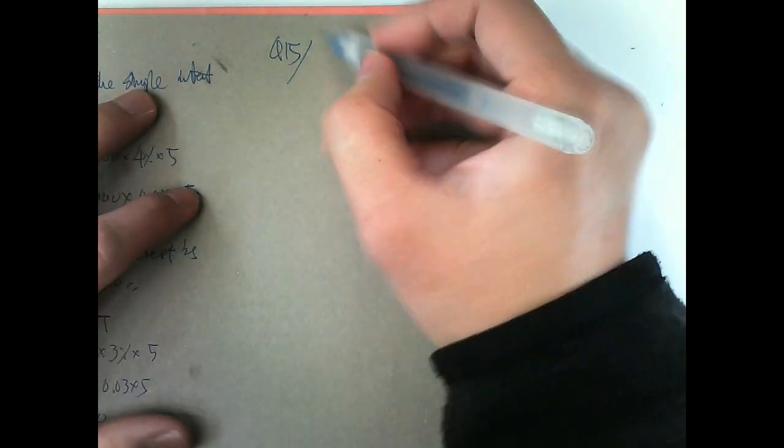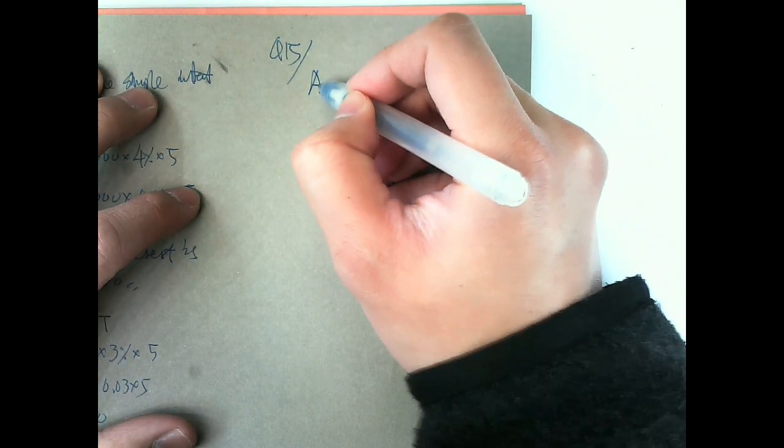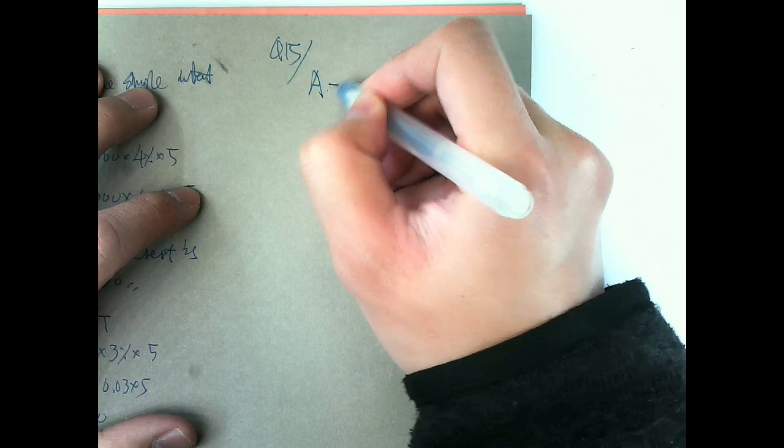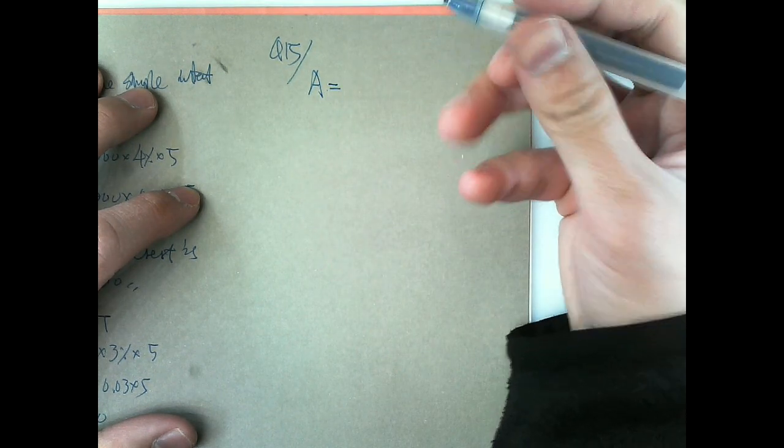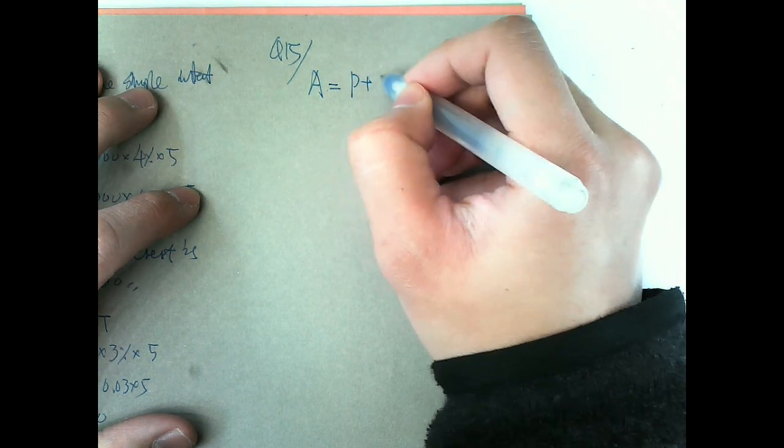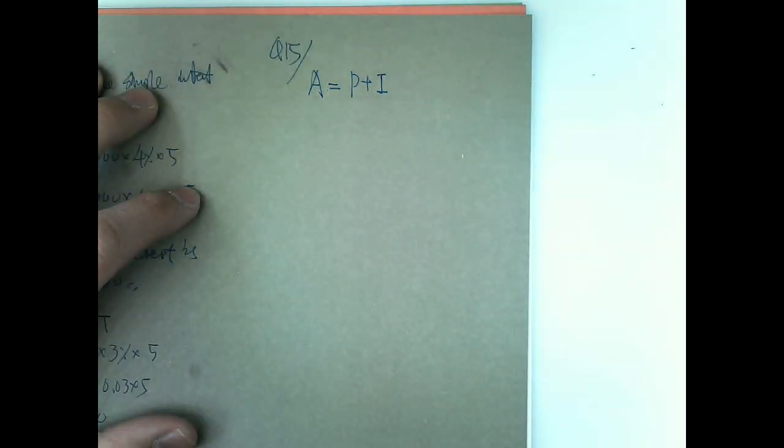So first, you have to find out the principal of band B, understand? So the principal of band B is actually the total amount from band A. So you have to find out the total amount from band A first, understand? So band A, we just write A equal to. So A, the simple calculation is like this, right? P plus I. But do you have I?